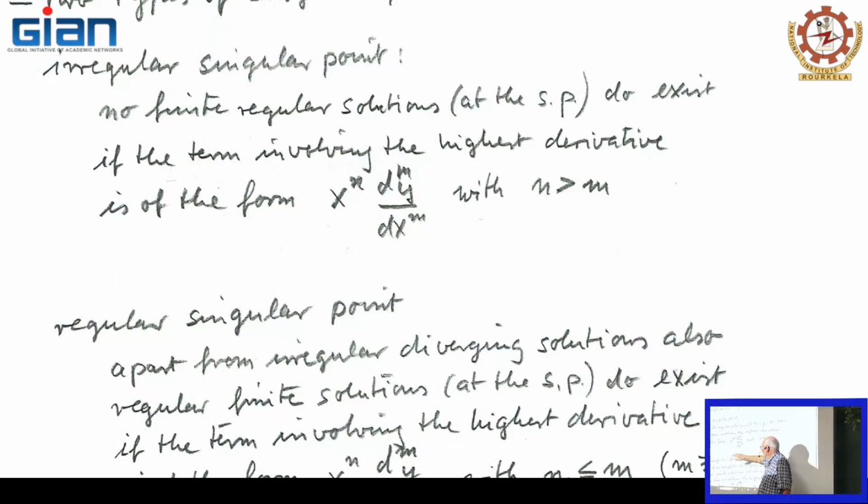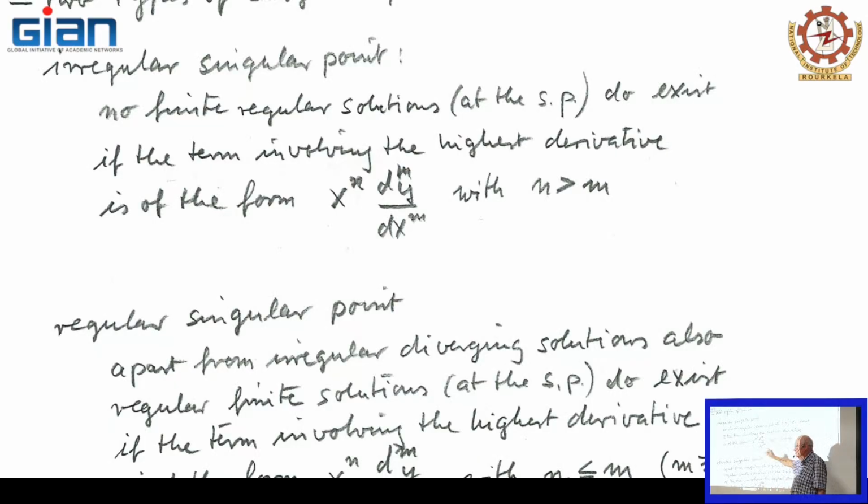So if we have an mth order differential equation, the highest derivative will be d^m y by dx^m, and the coefficient vanishes at the singular point with power n. So we have x^n times d^m y by dx^m, and if n is bigger than m, then we have an irregular singular point.